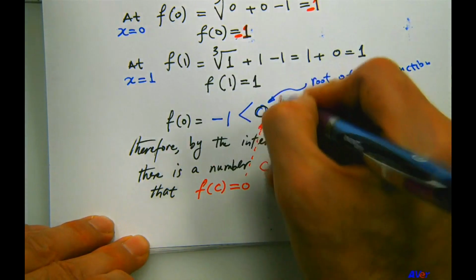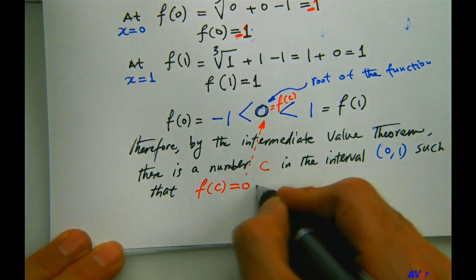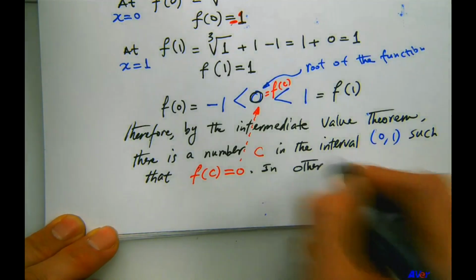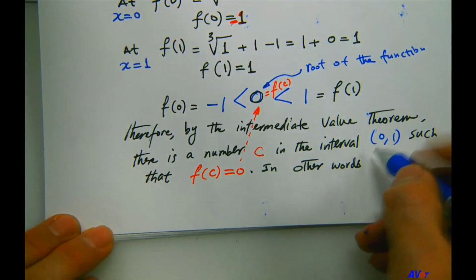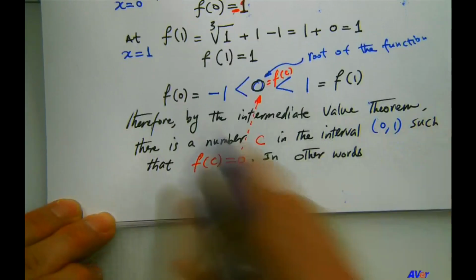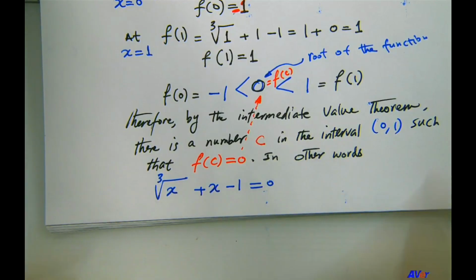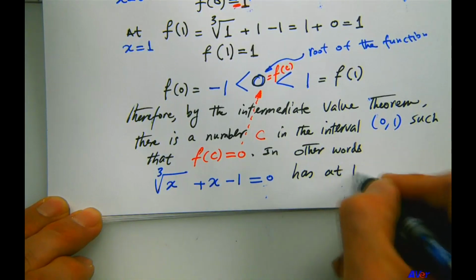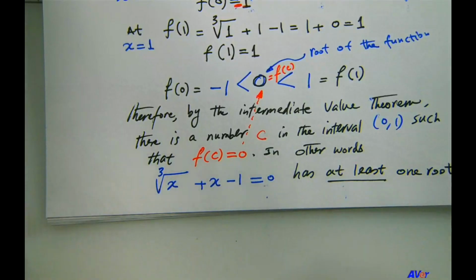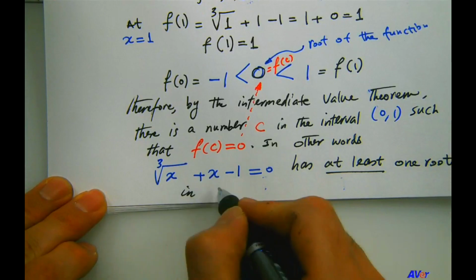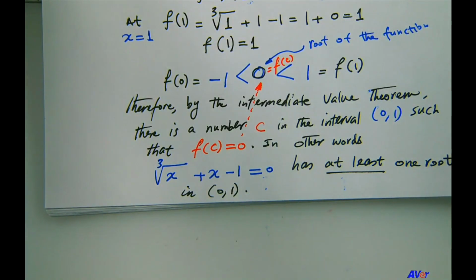So this would be f of C. And in other words, this function, in other words, we have third root of x plus x minus 1 equals 0 has at least, this is key, at least one root C in this interval [0, 1]. Okay, like that. All right.